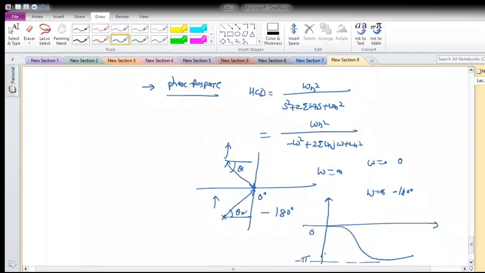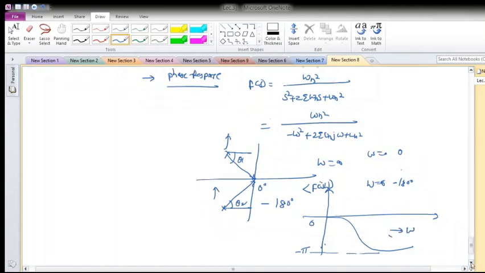This is 0, and this is the angle of H, plotted as angle of H of j omega against omega.